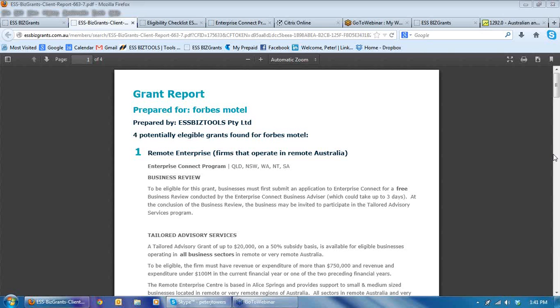So, just to finish on that, what do I say? I wouldn't go in trying to do all your clients at once. I think that firm that did 40 in 2 months was probably over-optimistic. You do need to be able to phase it in, do a few, and see how you go. The main thing with Enterprise Connect is contact the Enterprise Connect business advisor that operates in your area.